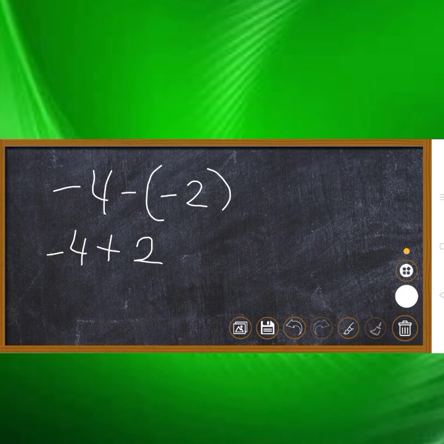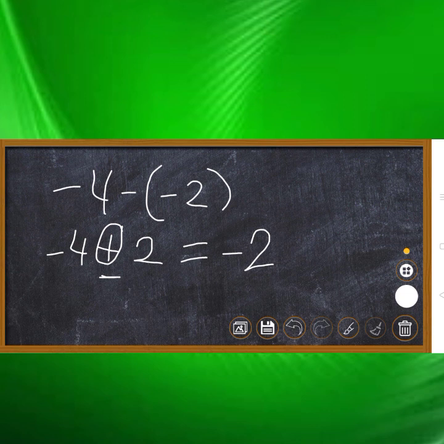Once they are different signs, you need to take the sign of the greater number, and the sign of the greater number is negative. And then subtract. So negative 4 plus positive 2 equals negative 2. Okay? Understood? O nalilito pa?